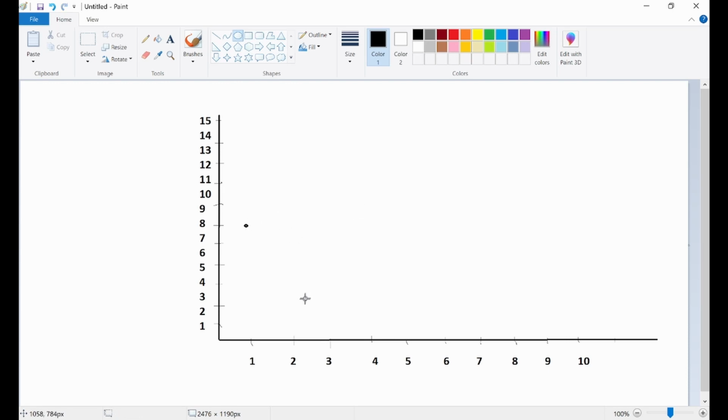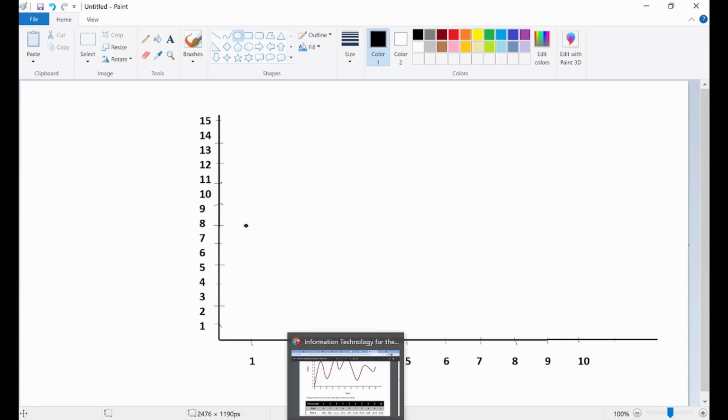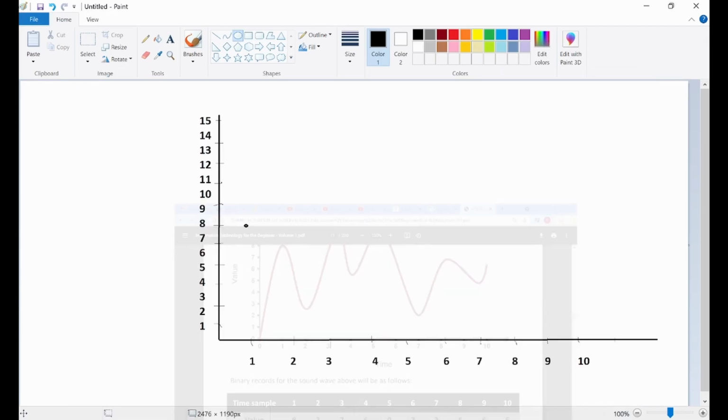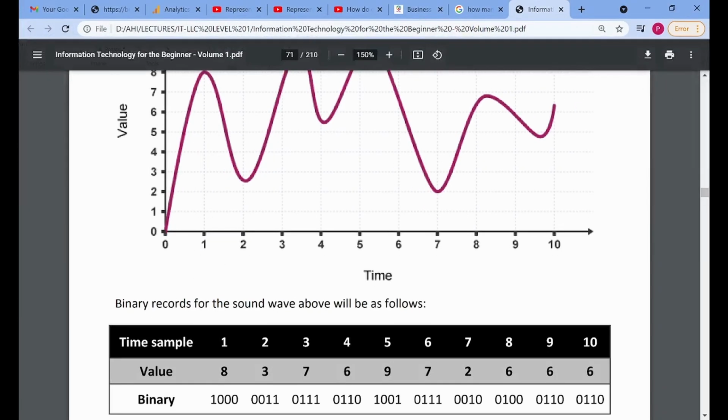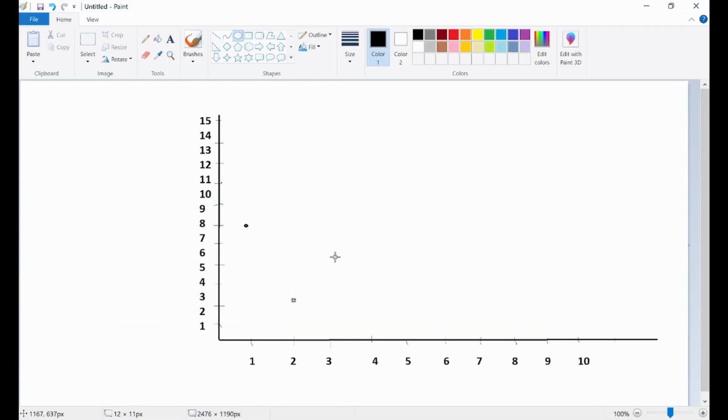We have our dot here. 2, they say you should plot at what? 3. So 3 should be somewhere here. Then 3 is what? 7. So 7 will be somewhere here.